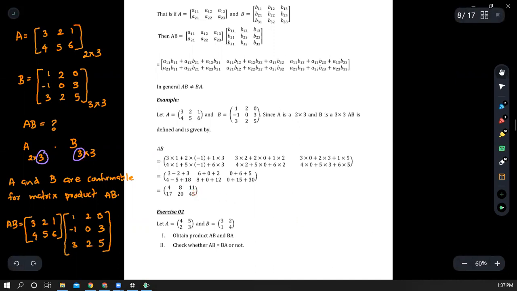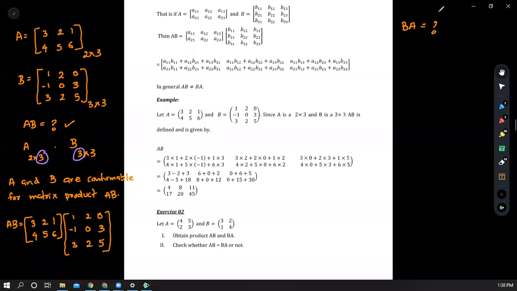Here, suppose that we have identified that AB is conformable for matrix multiplication. What will happen if you try to identify the matrix product BA? If you see the dimension of matrix B, it is a 3 by 3 matrix.